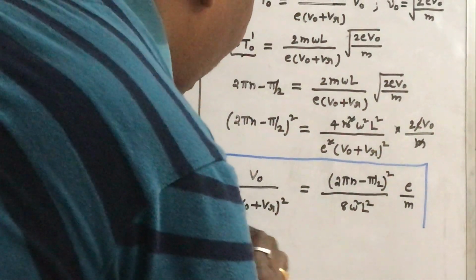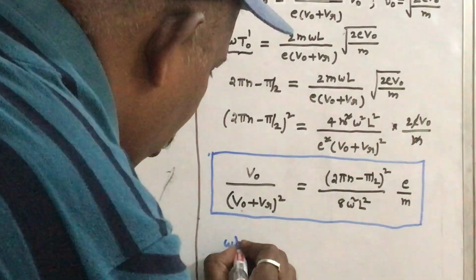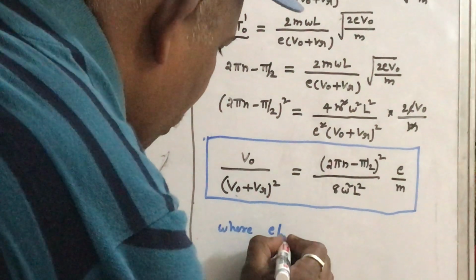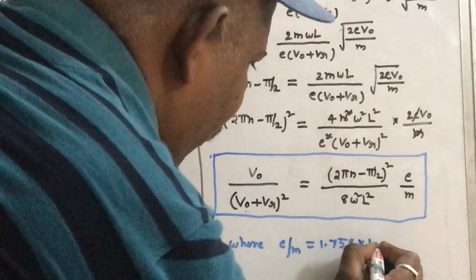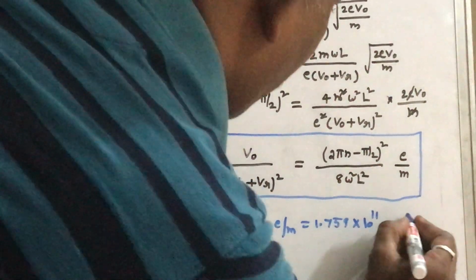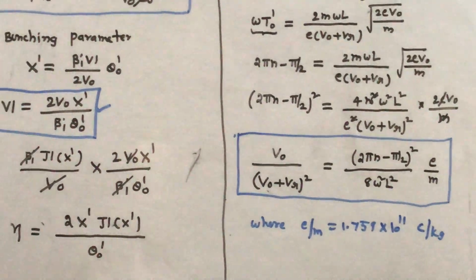While solving problems, we use this formula where E by M ratio is 1.759 into 10 power 11 coulombs per kg. Electron charge is in coulombs, mass is in kgs.